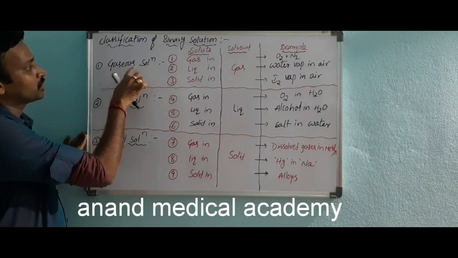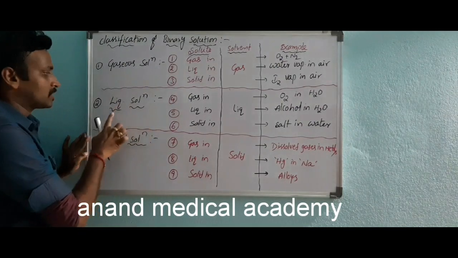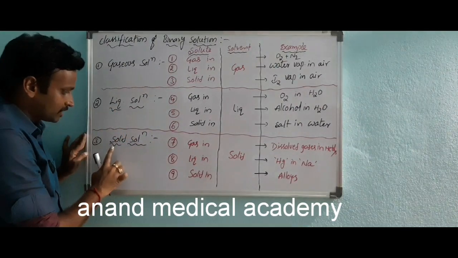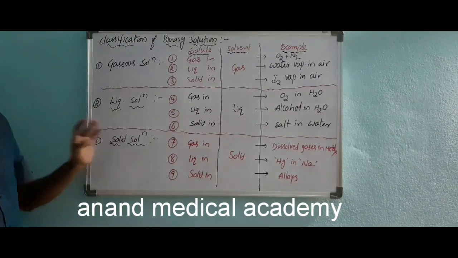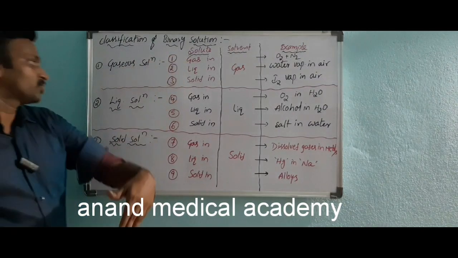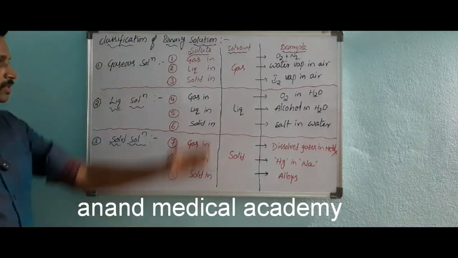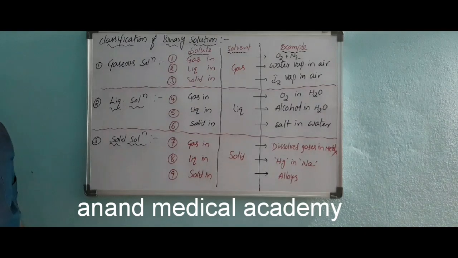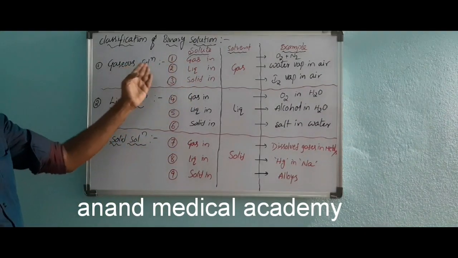Gaseous solution means gas is the solvent. In liquid solutions, liquid is the solvent. In solid solutions, solid is the solvent. So we have 3 gaseous solutions, 3 liquid solutions and 3 solid solutions. In total, 9 kinds of binary solutions, based on the solute.